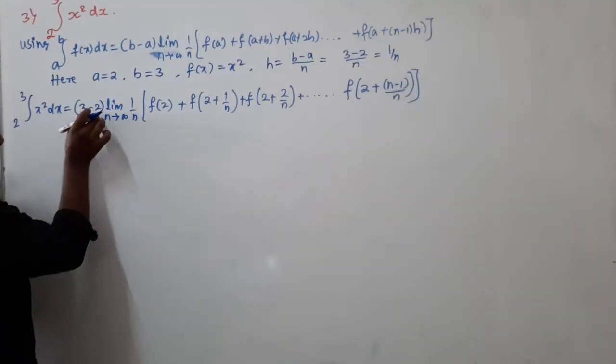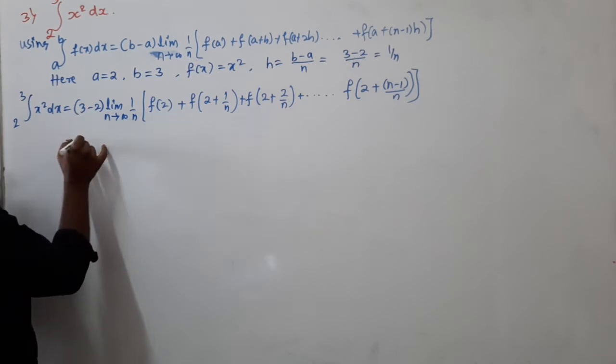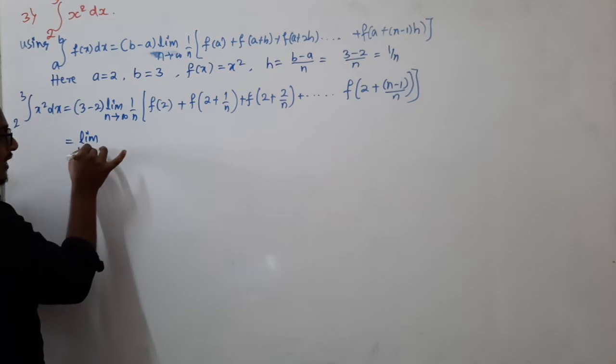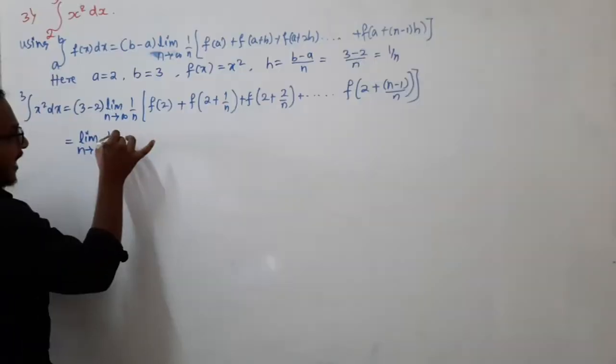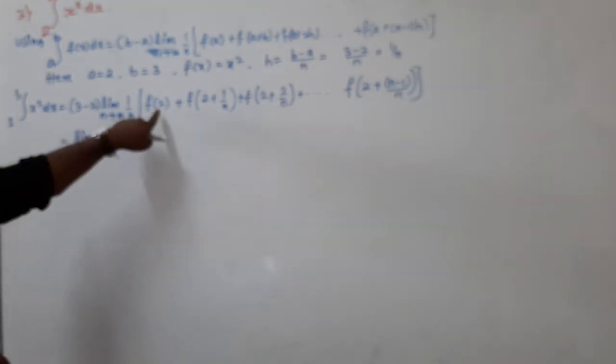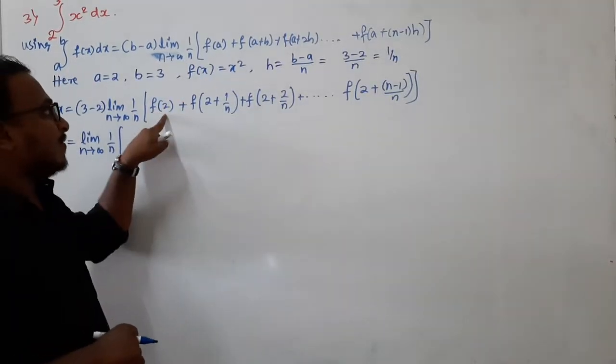First we have to solve this. 3 minus 2 is 1, let it be, limit n tends to infinity 1 by n into f of 2. So here f of 2 means the x value is 2.